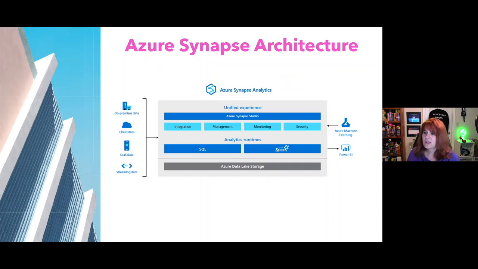All right, so the Synapse architecture basically is on top of data lake storage. So looking at how you're going to incorporate all of your different data on top of Synapse. And I primarily put up this diagram because I can't say Azure Data Lake Gen 2 without tripping over myself at some point in time. So I'm just going to call it ADLS so you know what I'm talking about.